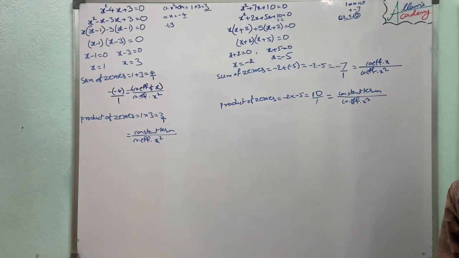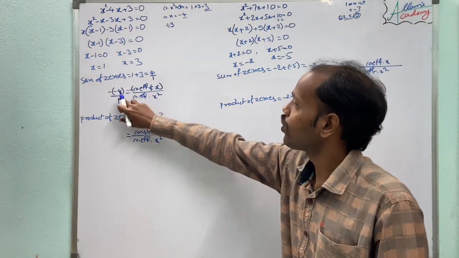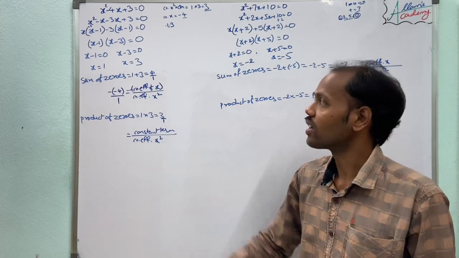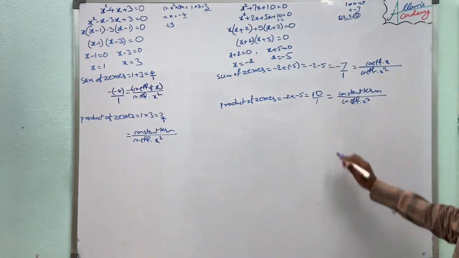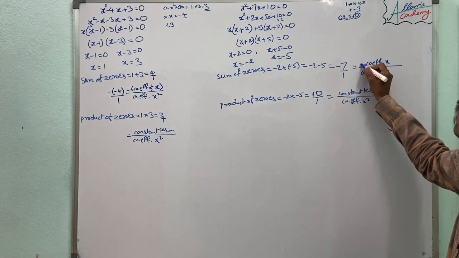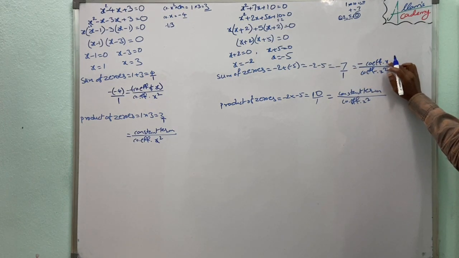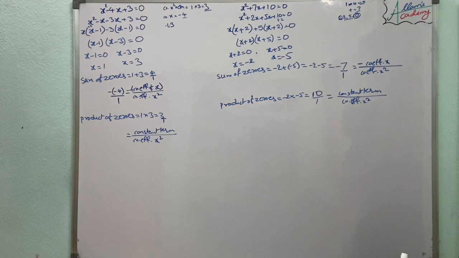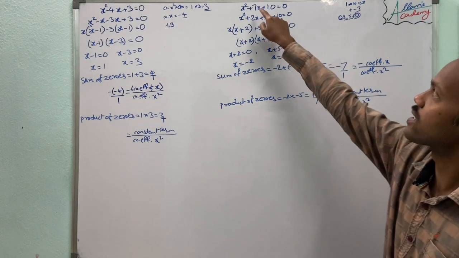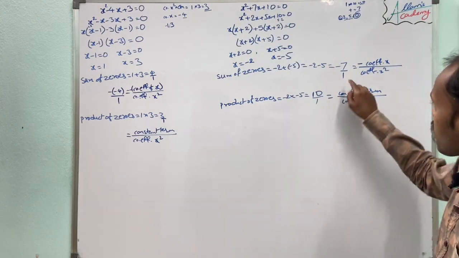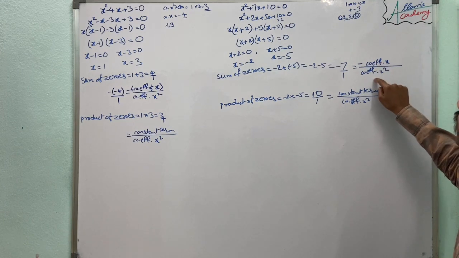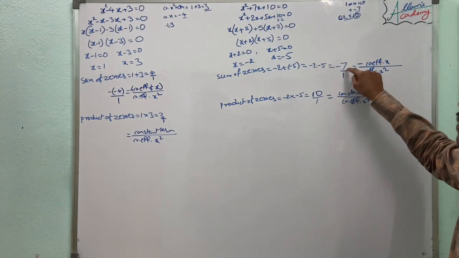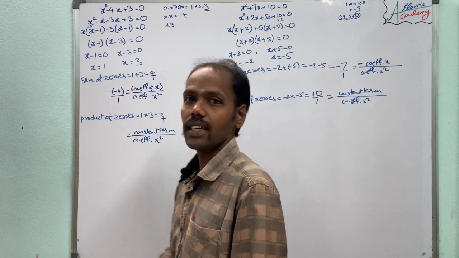Here we get minus 7, so we can write minus coefficient of x by coefficient of x square. Why? Because coefficient of x is plus 7 only, but here we got minus 7. So minus coefficient of x by coefficient of x square gives the correct answer.